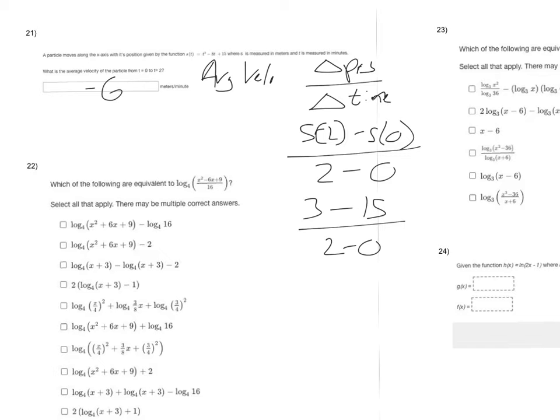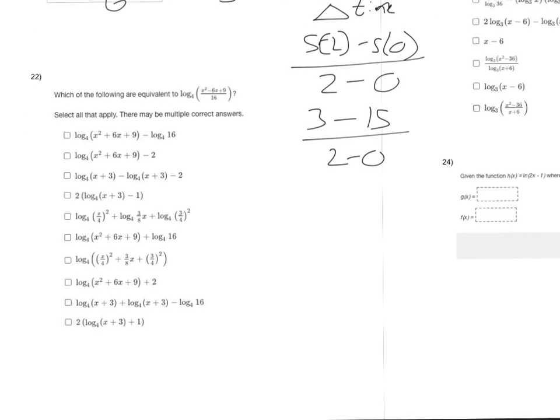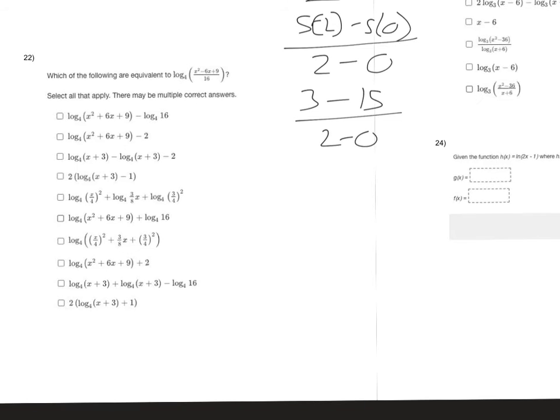22 is asking us to remember some of our properties of logarithms. So as I look at this, I'm thinking, okay, there's a lot of choices here. So I'm just going to start simplifying this and say, okay, well, what would I usually do? And usually with logarithms like this, the first thing I'm going to do is split up the numerator and the denominator.